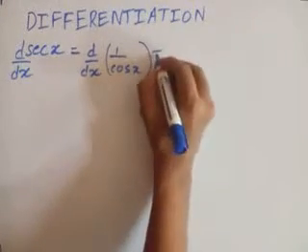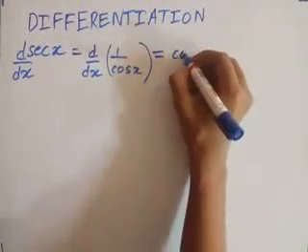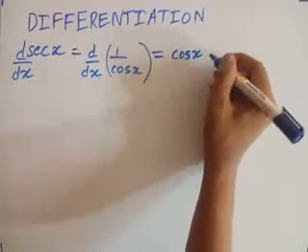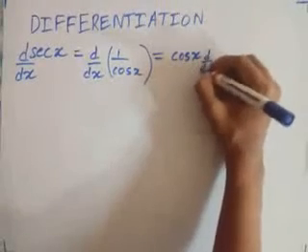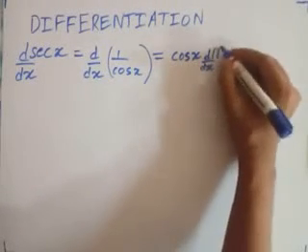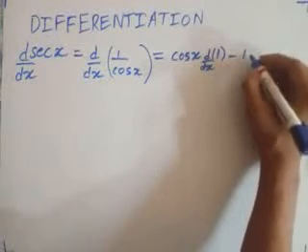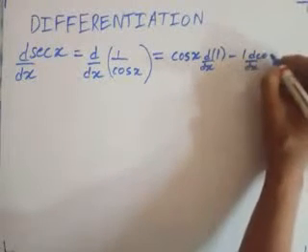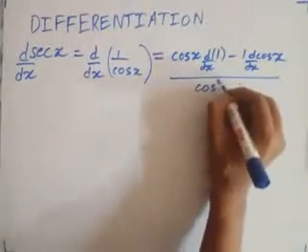So this we can rewrite as low d high, so that's 1, minus high d low, so 1 times the derivative of cos x upon low square.